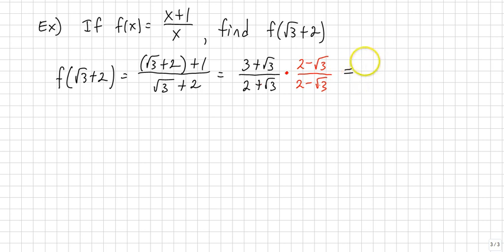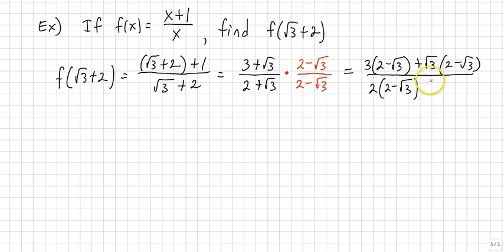So we're going to do 3 times 2 minus square root of 3. And then we're going to do the square root of 3 times 2 minus square root 3. In the denominator, we're going to get 2 plus 2 minus square root 3. And then square root of 3 times 2 minus square root 3. Go ahead and distribute.